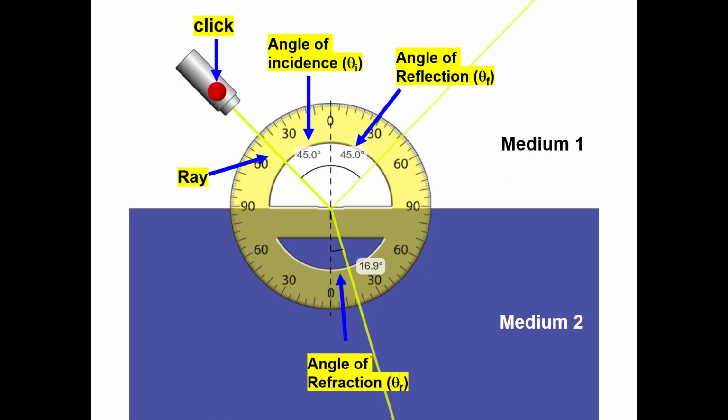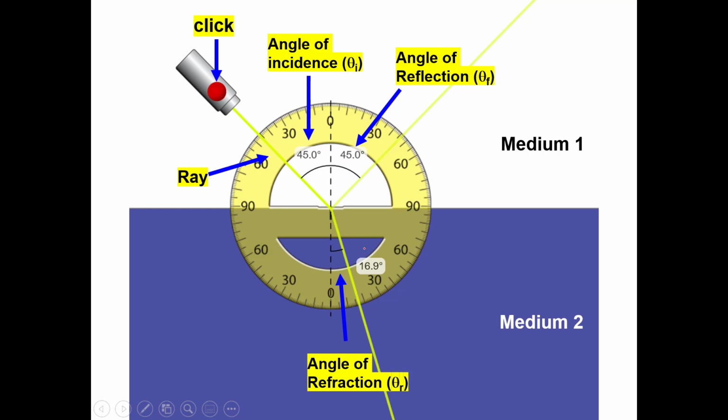Once you start the experiment, you will have something like that. Using any light, we need to get the values of the angles. When you choose the angles tool, the program will give the exact values, and these are the angles I want you to record in the table. This is the incidence angle, this is the reflection angle, and this is the refraction angle.